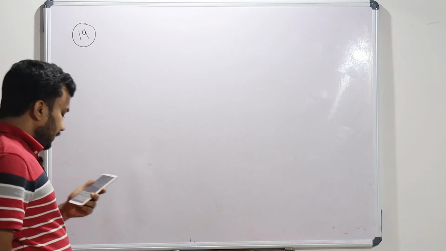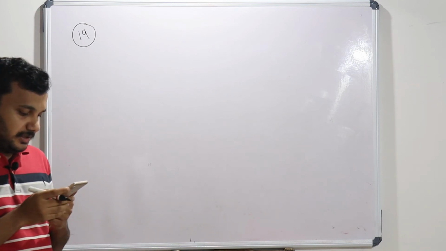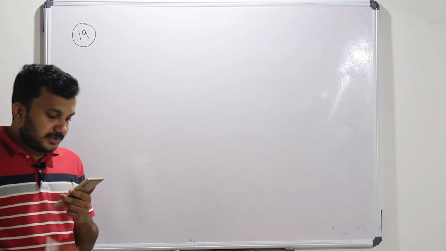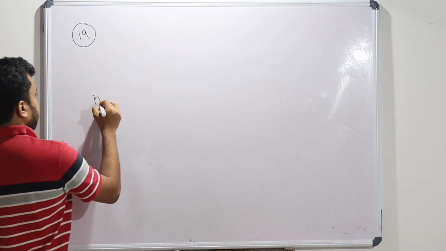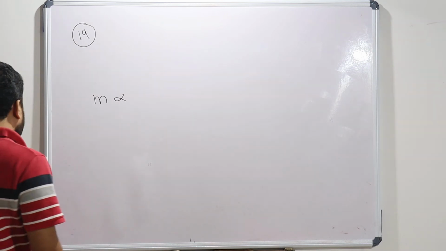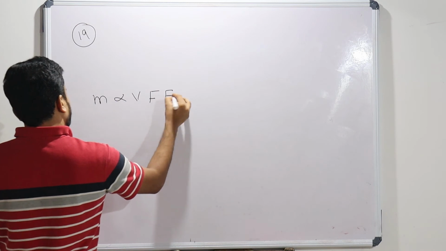Let's move to the 19th question. If V is the velocity, F is the force, and energy E are taken as the fundamental units, then the dimension formula of mass will be. As we go forward in the same method, m is directly proportional to velocity, force and energy.